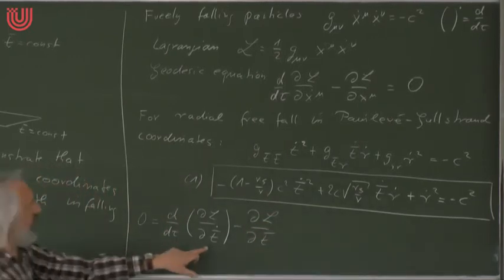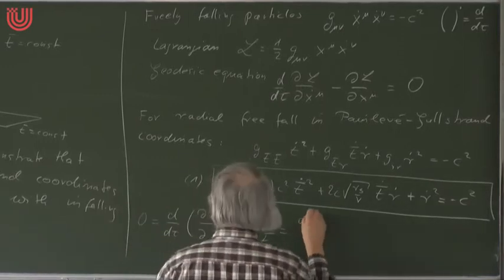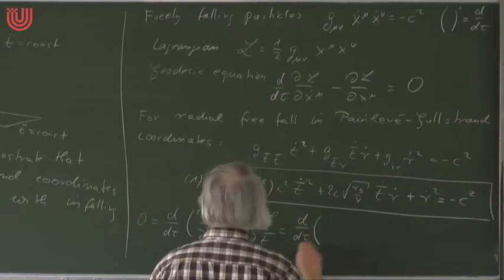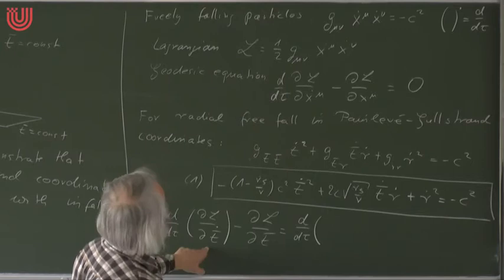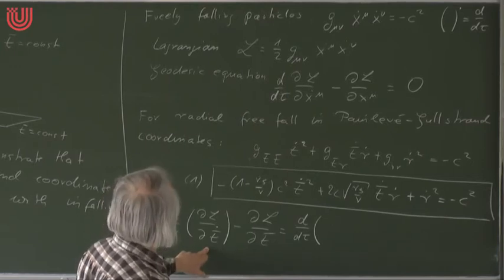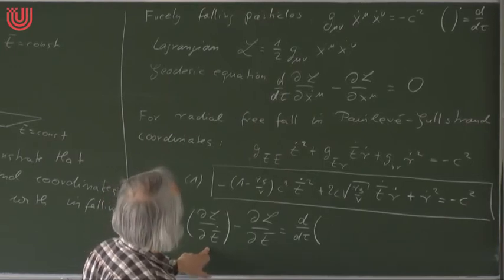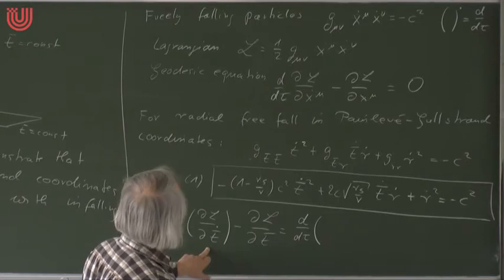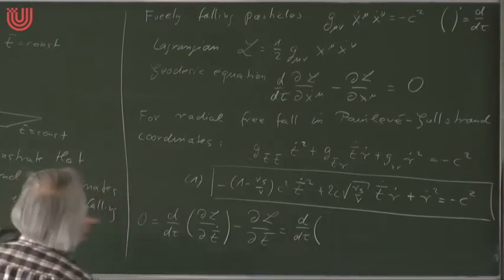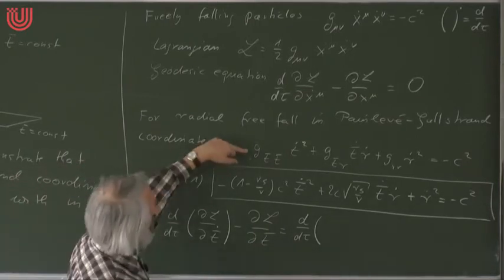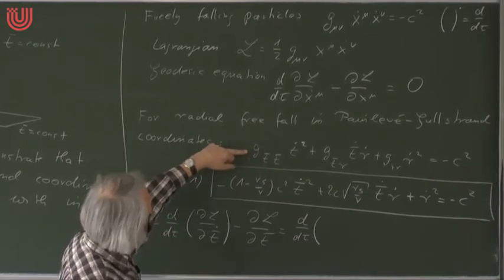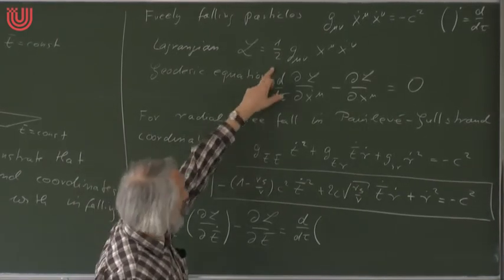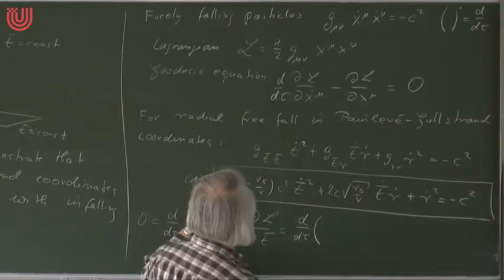So what is this? This is d by d tau of what? I can calculate it. Yes, maybe we can just look at this expression. We just have to remind ourselves that we have a 1/2 in front of this. Maybe I can manage to do this in my head.